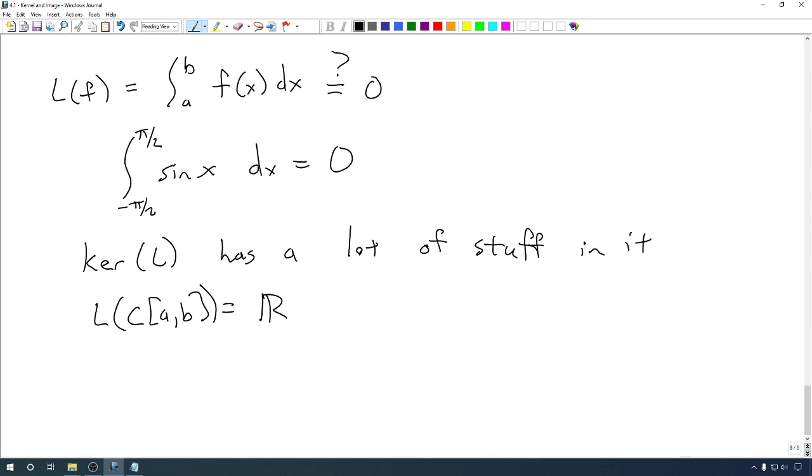We can actually get any real number out from doing some sort of integration. So this is a rare situation where the kernel is a lot harder to figure out than the range. But it's kind of fun to think about what the possibilities are for the kernel for this function.